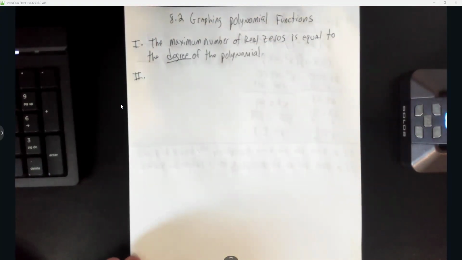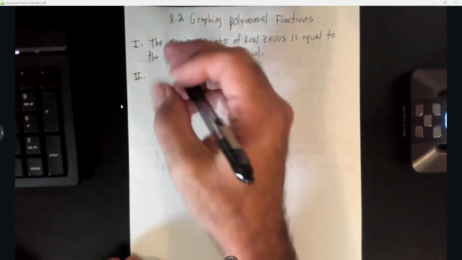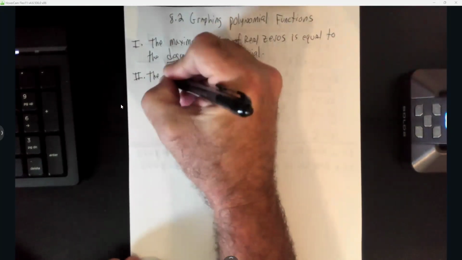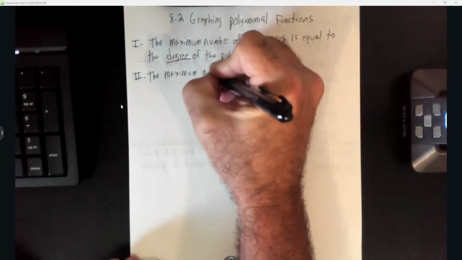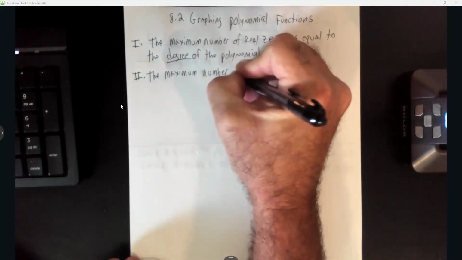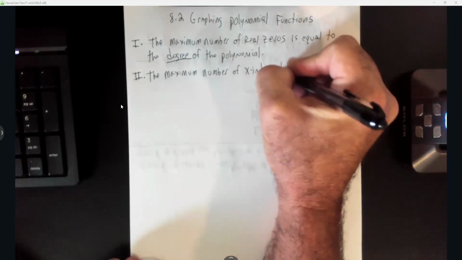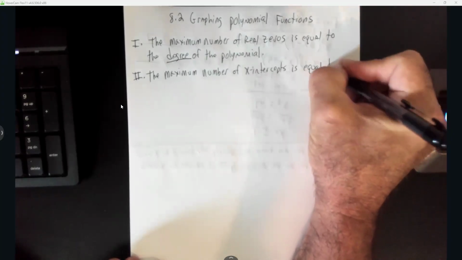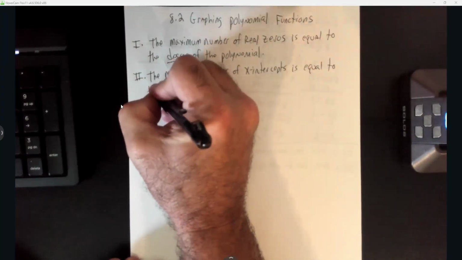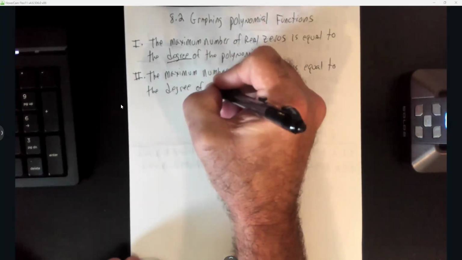Well, y'all, we learned that x-intercepts are basically equal to the zeros of a polynomial. So that means the maximum number of x-intercepts is equal to the degree of the polynomial.